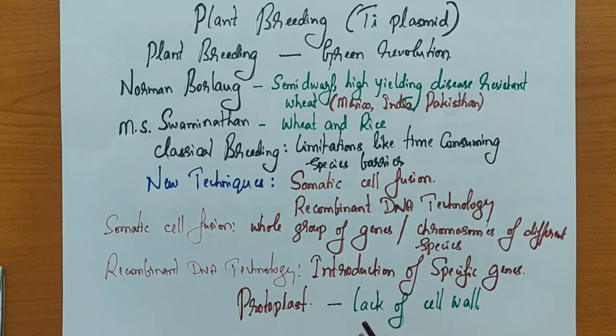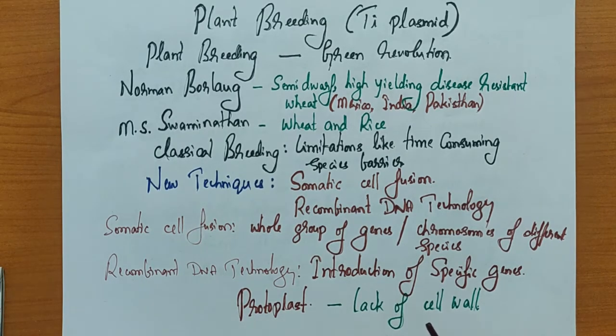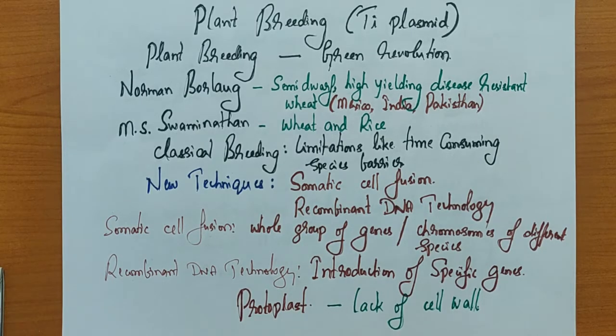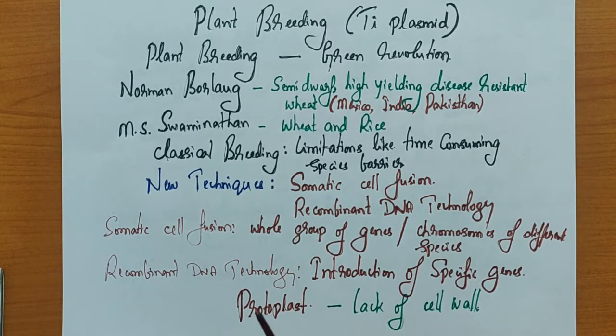The removal of the cell wall is by enzymatic treatment. We all know that the cell wall is made of cellulose, and we remove the cellulose by treating with the enzyme cellulase. We will discuss a couple of those technologies in the coming discussion. So a protoplast is nothing but a plant cell devoid of cell wall.